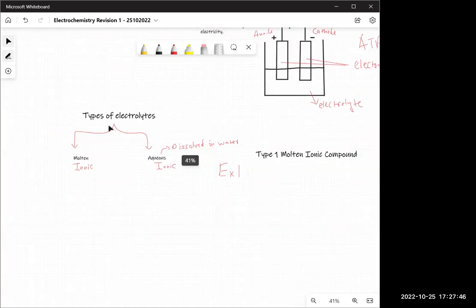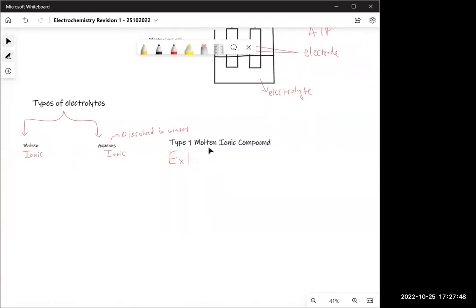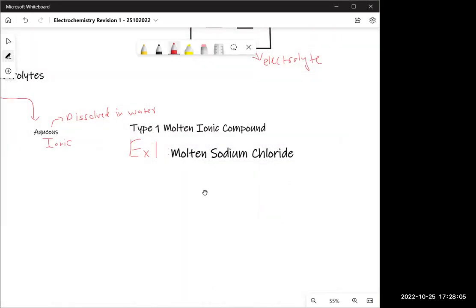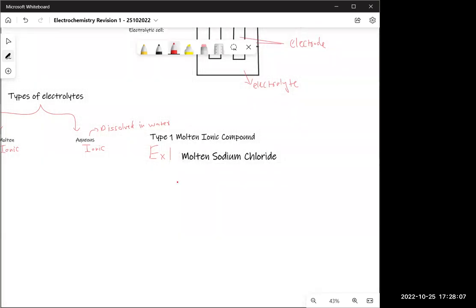The first example we're going to take is molten sodium chloride. Now, what is the symbol for this? I told you the name, but how do we write it? We'll write it as NaCl, sodium chloride, and we'll have the symbol liquid.